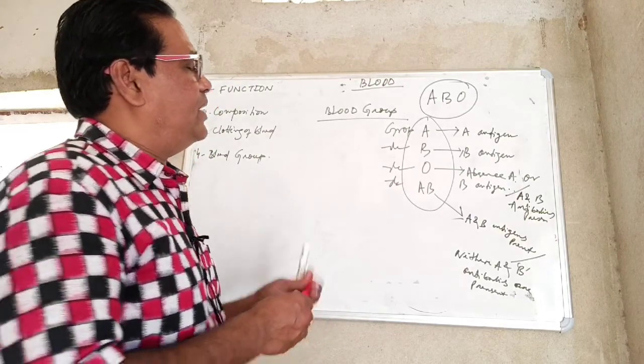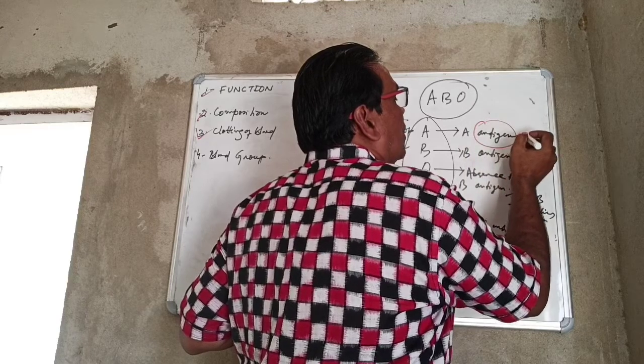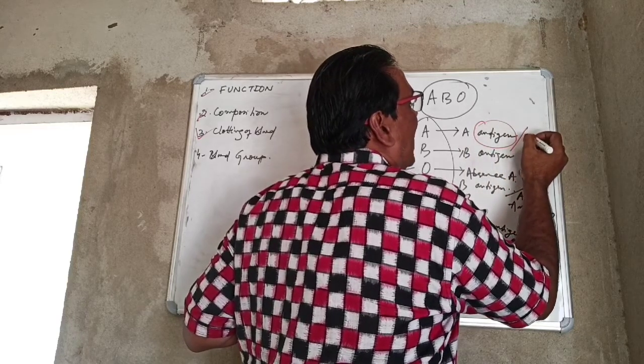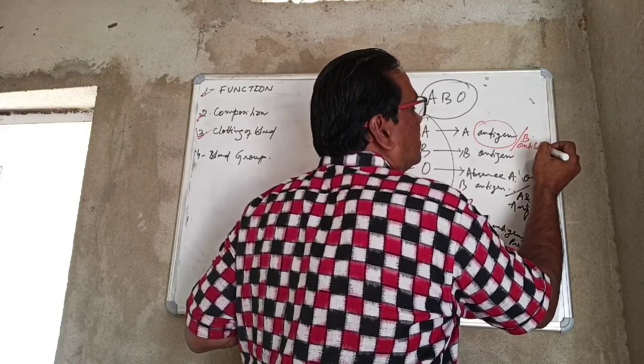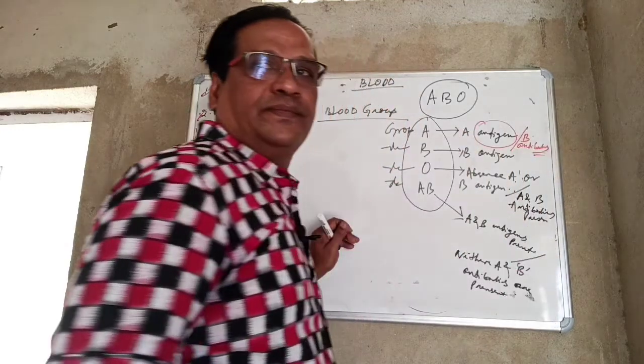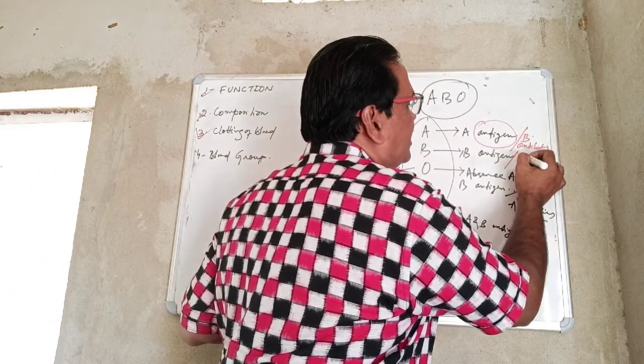Another thing: in group A, the A antigen is present and B antibodies are also seen. In the B group, A antibodies are seen.